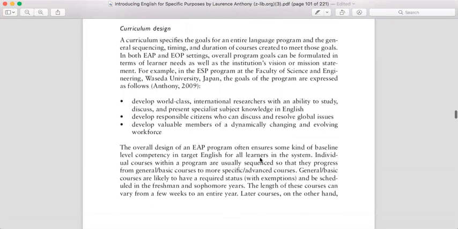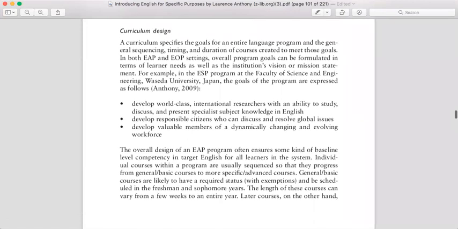Now let's come to the curriculum design. As I have told you that curriculum is a broader term, and curriculum is associated with goals, whereas syllabuses come under curriculum.